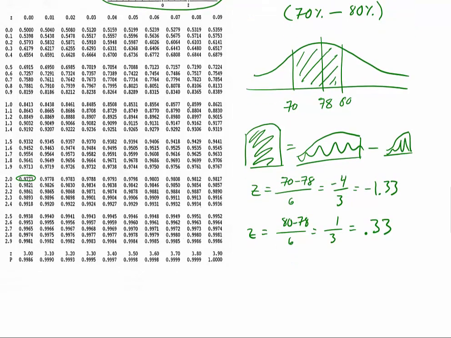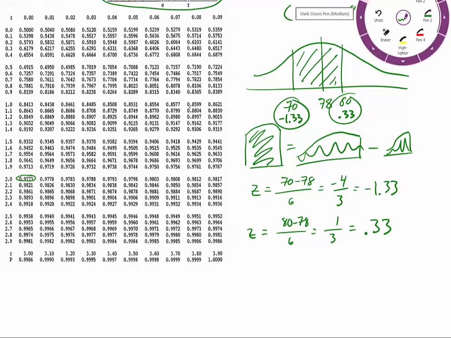Now it's just a matter of going up here. Again, I've got negative 1.33 and 0.33. So the z-score for the big one at 0.33. Got 0.33 here, 0.3, and then 3.